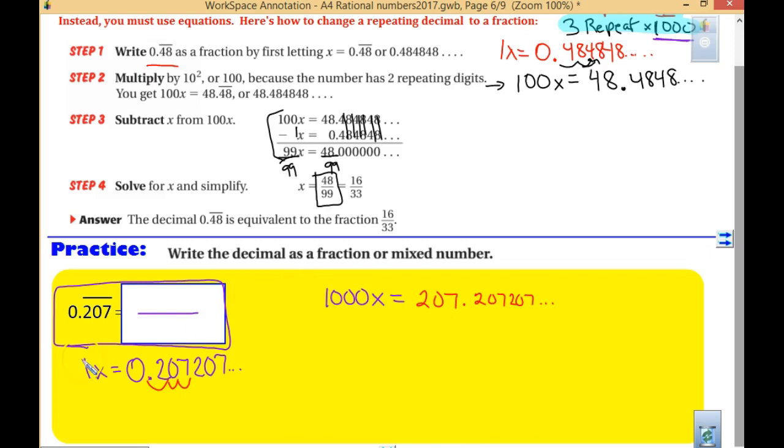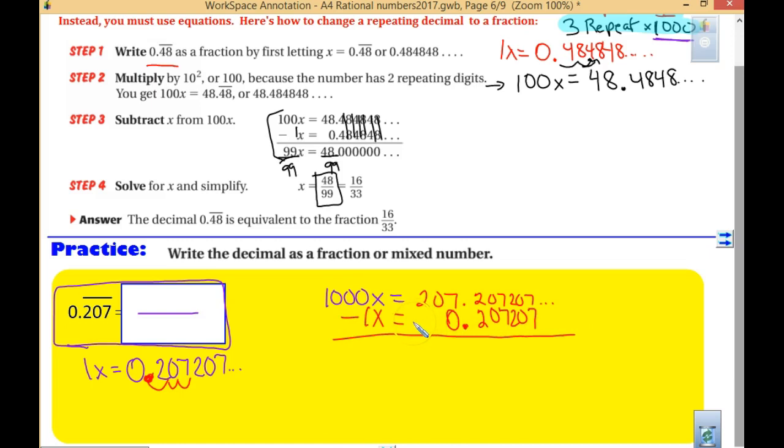Right below it, I'm going to put minus 1x. Here is the really crucial, important part of this: you need to line up your decimal points. This is 0 point, so I need to have 0.207. Do you see why it's really important you line up the decimal points?